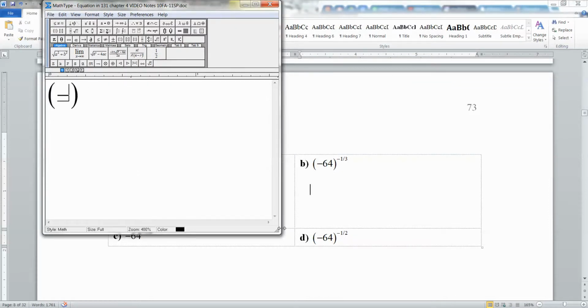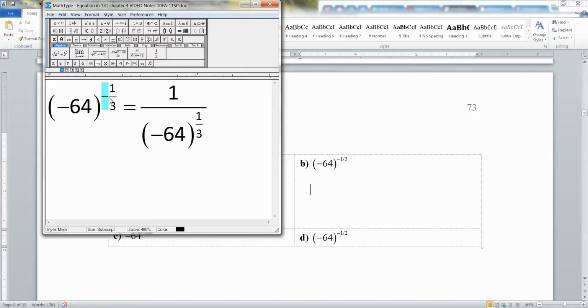So -64 to the -1/3 is equal to 1 over parentheses -64 to the 1/3. The only thing that moved was everything moved to the denominator, but you lose the negative power right here. You didn't lose the negative in the parentheses, because that's not a power. It's just the number -64.